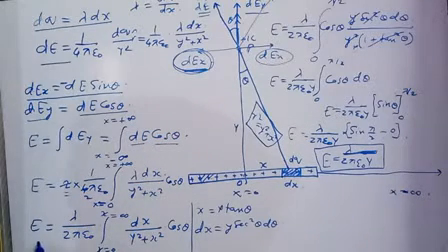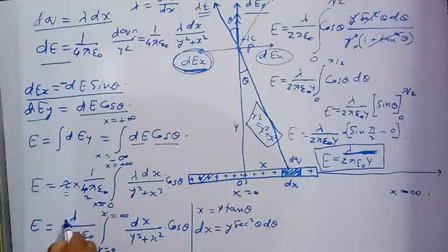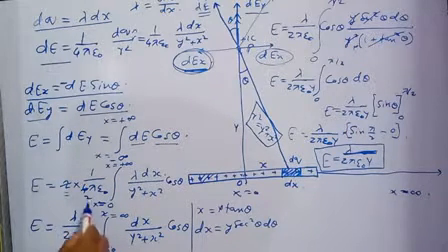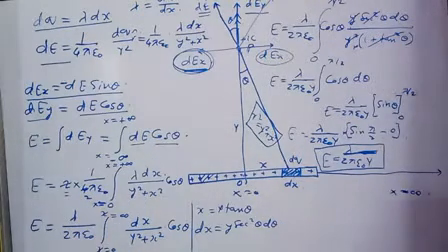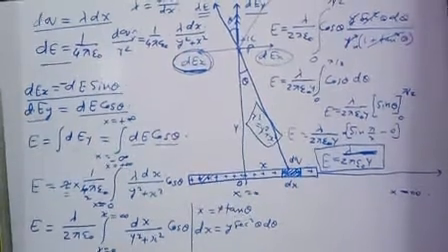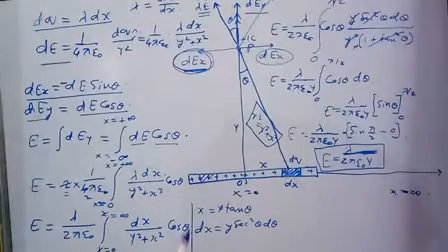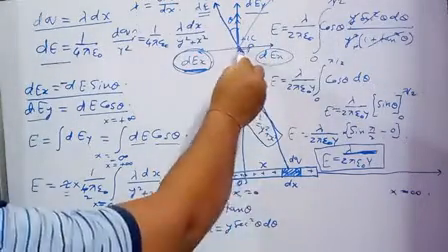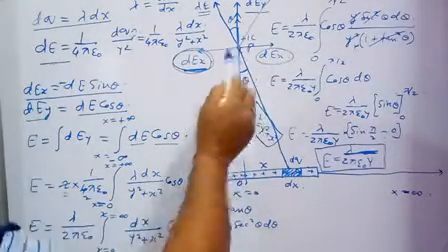Or this electric field can be written as E is equal to lambda, being constant, lambda by 2 pi epsilon naught, now 2 pi epsilon naught is remaining, integral from x equals 0 to x equals infinity. So what is the value of x? In this triangle, this is x, this is y, and this angle is theta.